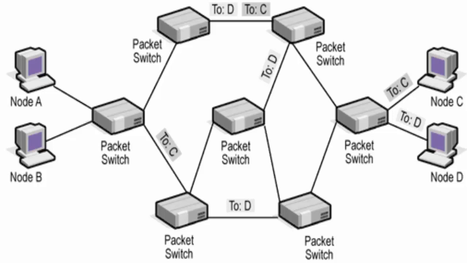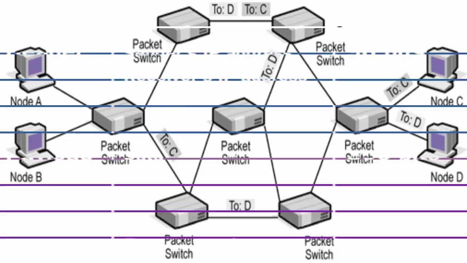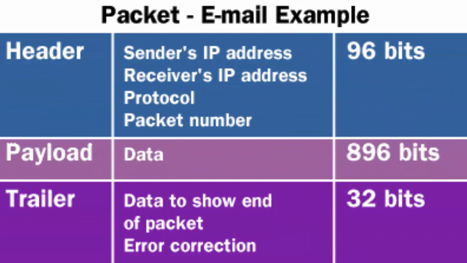On the internet, the network breaks an email message into parts of a certain size in bytes. These are the packets. Each packet carries the information that will help it get to its destination: the sender's IP address, the intended receiver's IP address, something that tells the network how many packets this email message has been broken into, and the number of this particular packet.